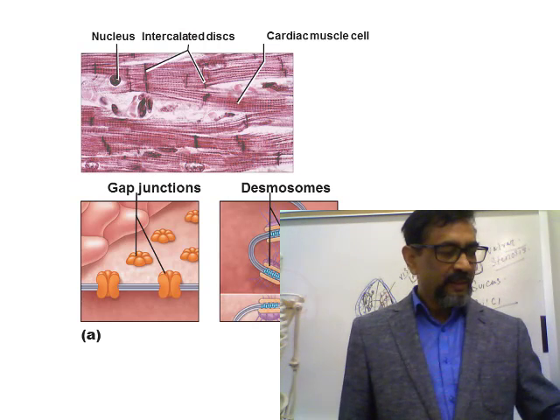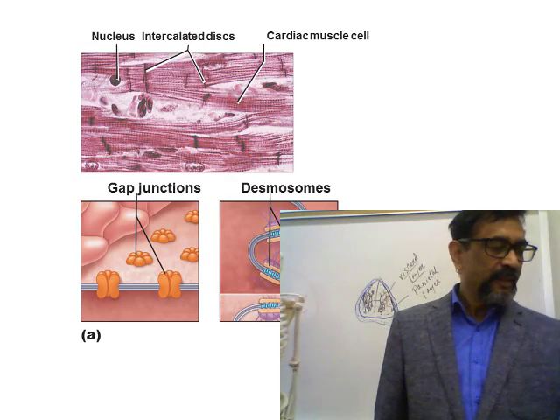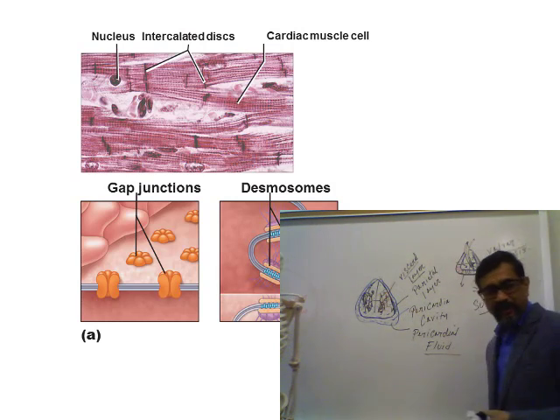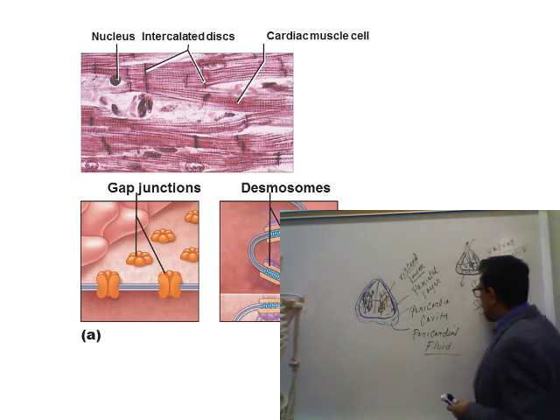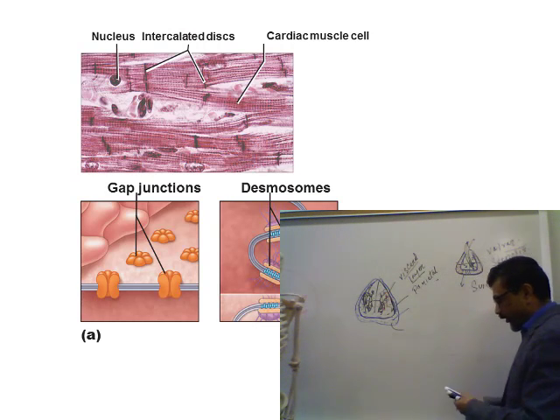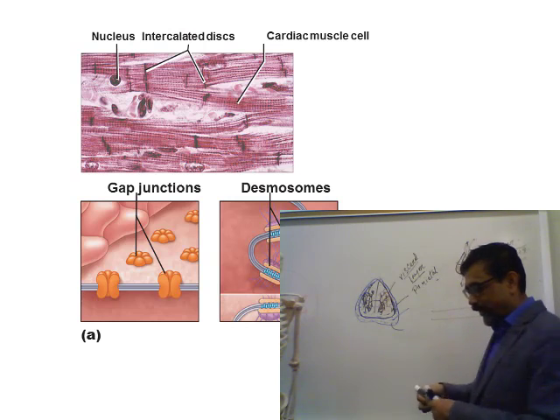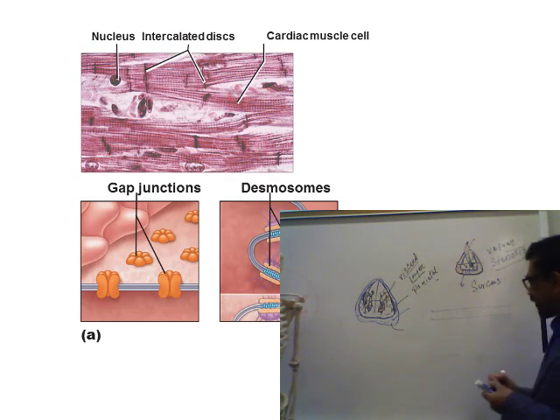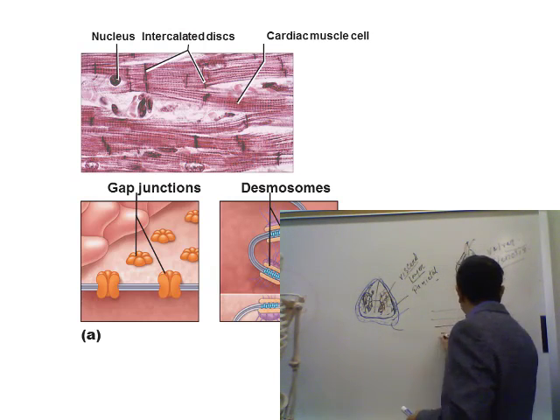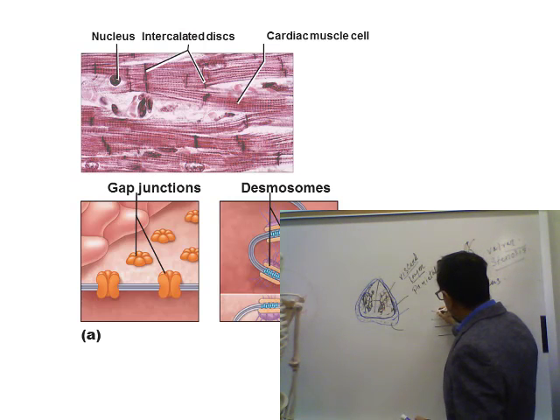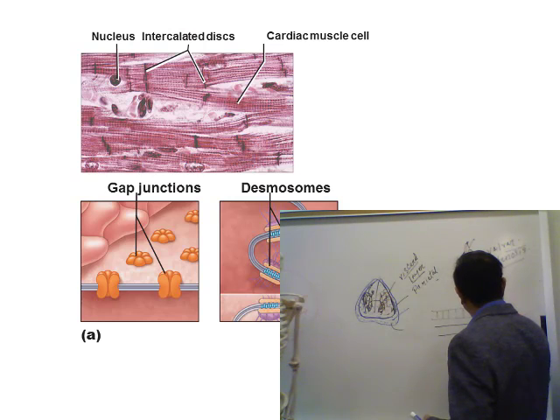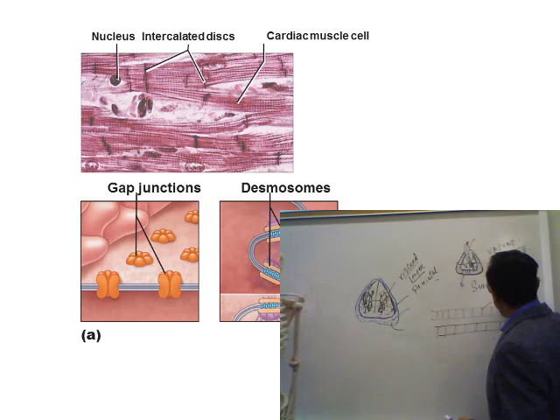And cylindrical fiber. Like this, striations, and between two fibers you have intercalated discs. So this is another fiber. This is an intercalated disc. Okay, another intercalated disc.